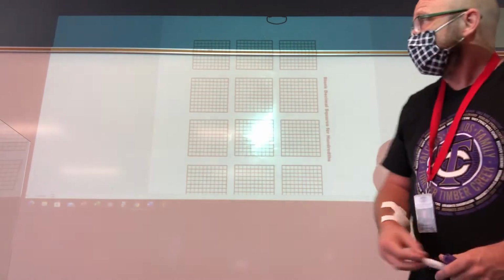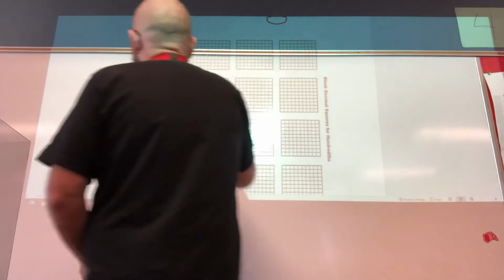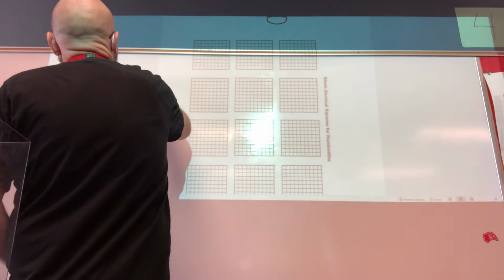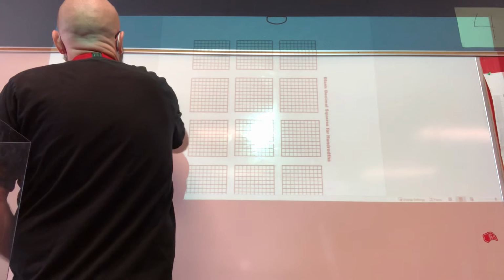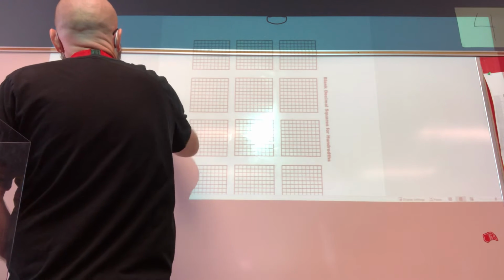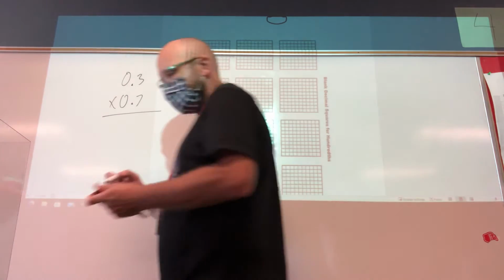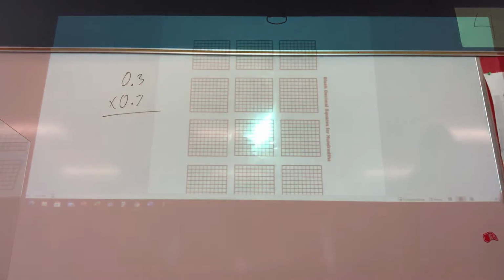Now, the next problem. What was the next problem? I just erased it. 3 tenths times 7 tenths. And most of you can do that in your head, but that's cool.